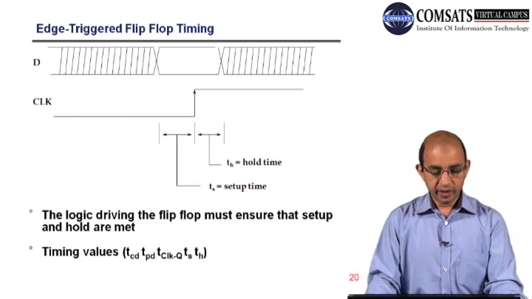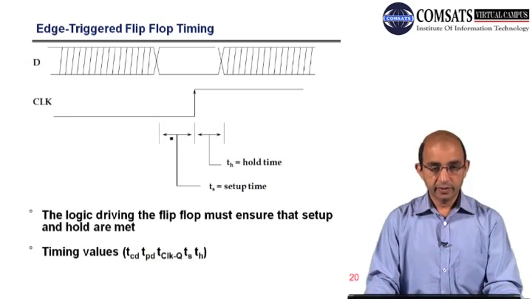Okay, so here we have another example. Here you can see we have the D input and this is the clock, and this is the macroscopic diagram mentioning the setup time and the hold time. We have to make sure that the input is present at D before the active clock edge arrives.